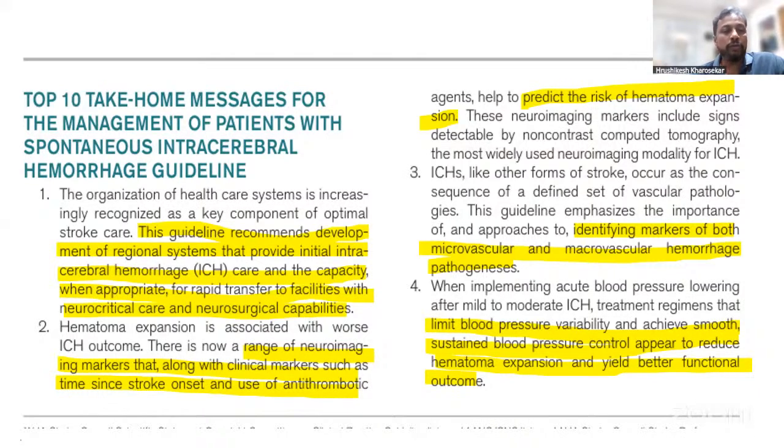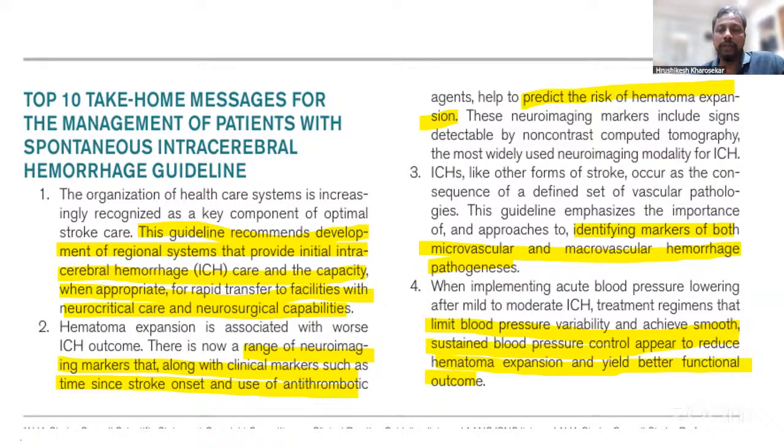A range of neuroimaging markers, along with clinical markers such as time since stroke onset and use of antithrombotic agents, help in predicting hematoma expansion. These markers include signs detectable by non-contrast CT scan, which should be widely used. The other is to identify the markers for both microvascular and macrovascular hemorrhage pathogenesis.